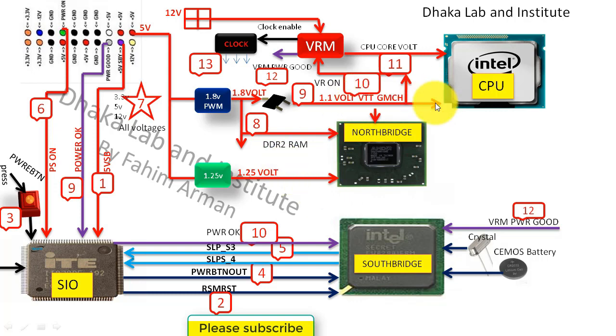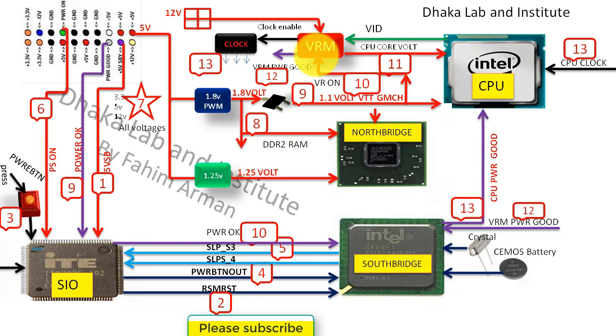The CPU clock also enters the CPU, and then the CPU will generate VID to the VRM chip, and then the South Bridge will also provide CPU power good to the CPU.